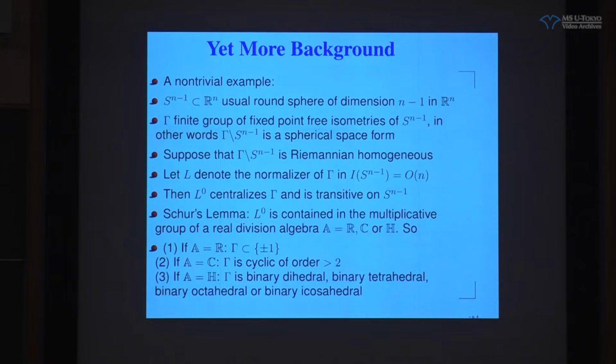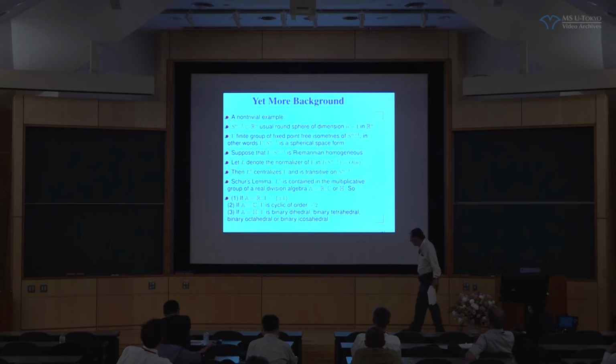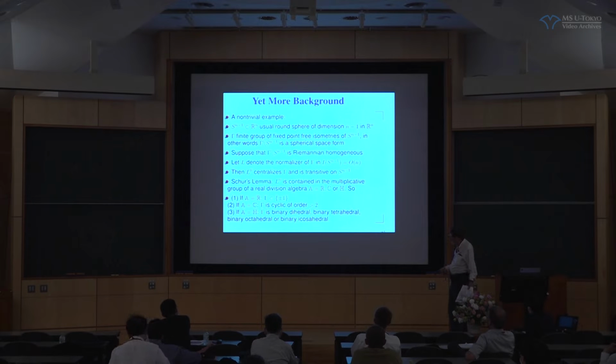It's a binary dihedral group, tetrahedral group, octahedral group, or icosahedral group. In any case, the point is that we know exactly what gamma has to be, and we know that it's centralizing. So we know exactly the situation, and in this situation, the homogeneity conjecture is visibly okay.